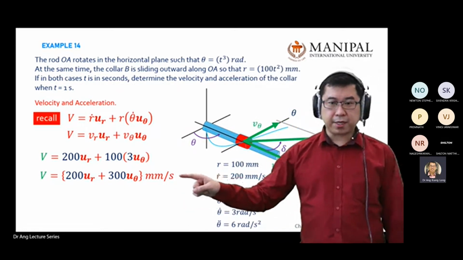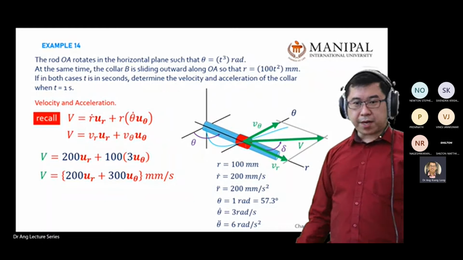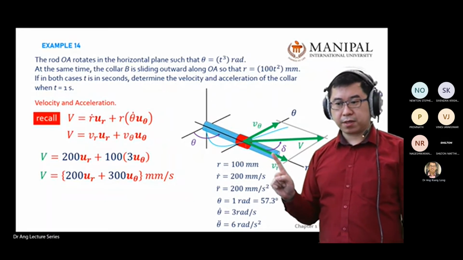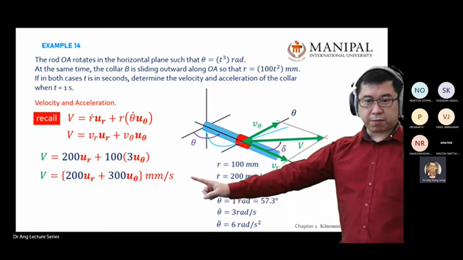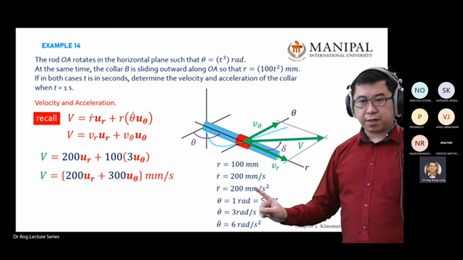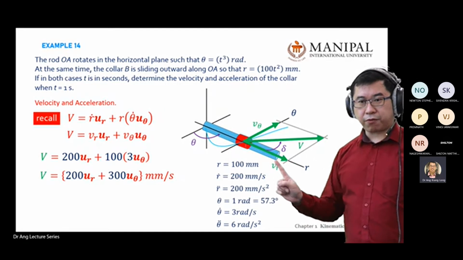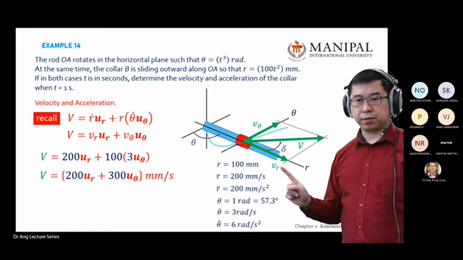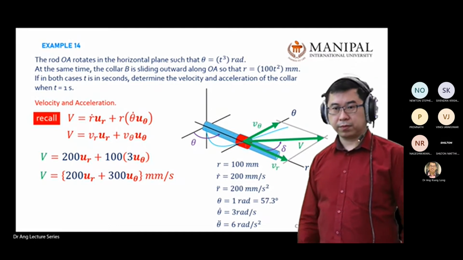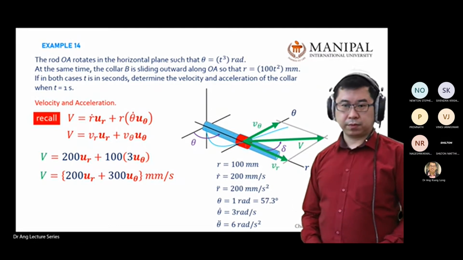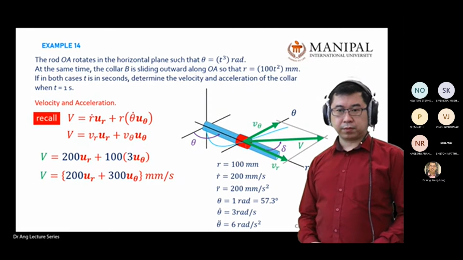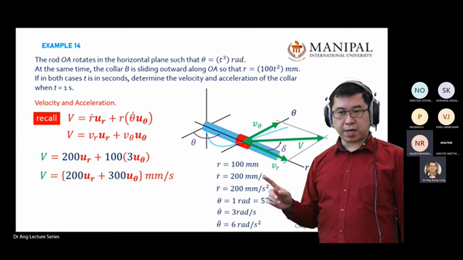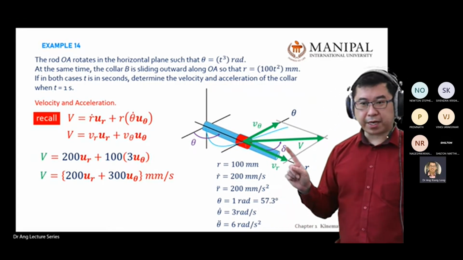Compare this equation and this diagram side by side. My question is, what is the magnitude of VR? Should be 200 UR. 200 UR. But this is a magnitude.